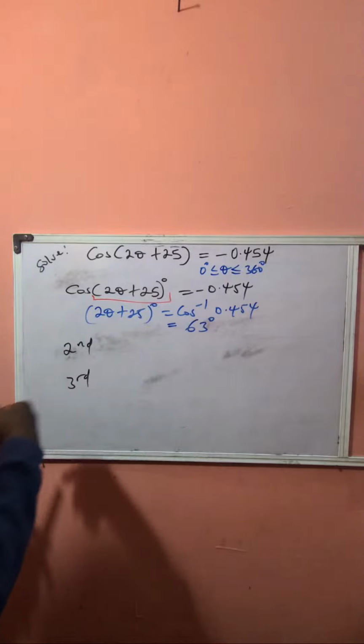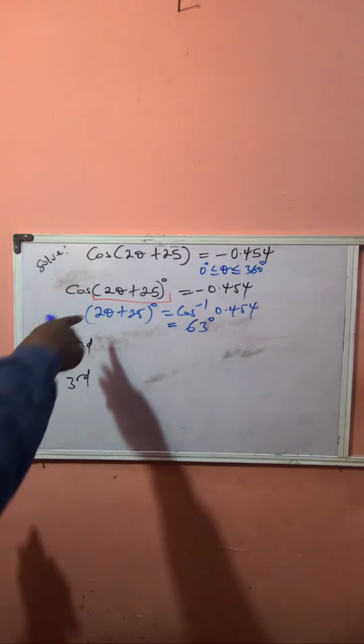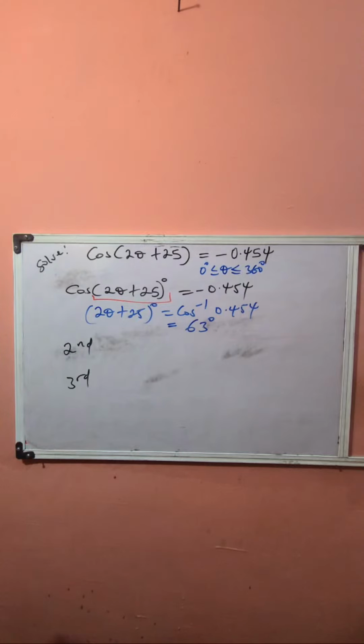Of course, from this place, you can go on to initially find your theta. What's going to be your theta right here? Your theta from 2 theta plus 25 equals to 63. Whichever way you decide to move, you will always arrive at the same answer.